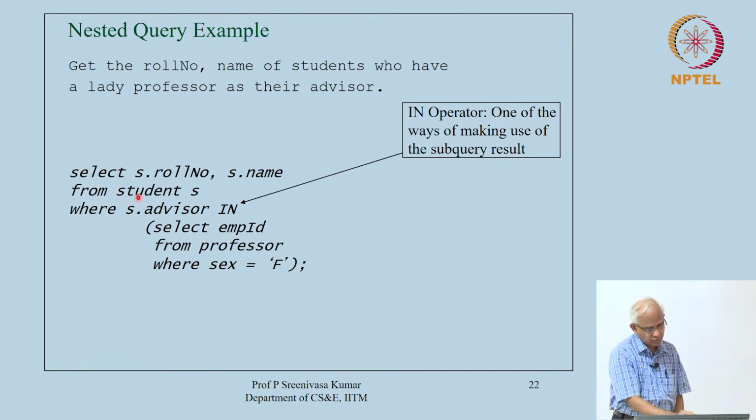Again student tuples will be considered, because that is the only relation in the from clause, and for each student tuple we are checking whether this particular condition is satisfied, and checking the satisfaction of this condition involves computing another set of tuples. In this case you can see that this set of tuples can be computed once and then reused several times.